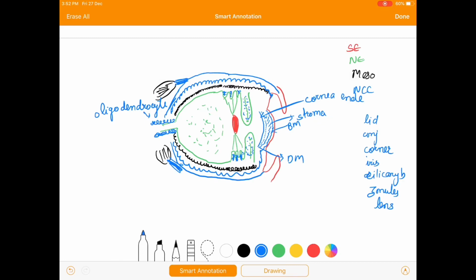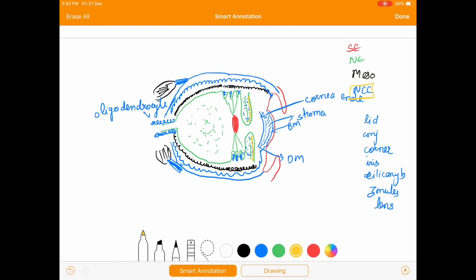Okay, this neural crest cell derivative I'll put in yellow. Though it is a structure of neural crest cells, since it is a colored or pigmented part of the body, I am putting it in yellow, but it is a derivative of neural crest cells, and that is the melanocyte or melanin pigment in the iris.